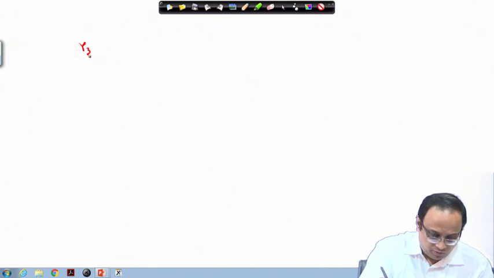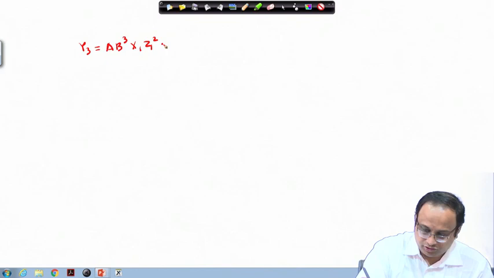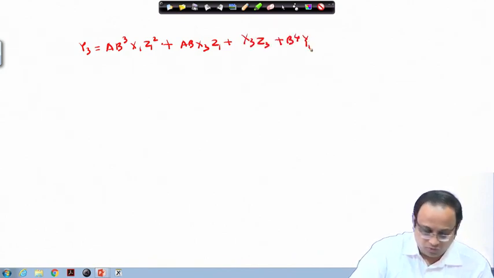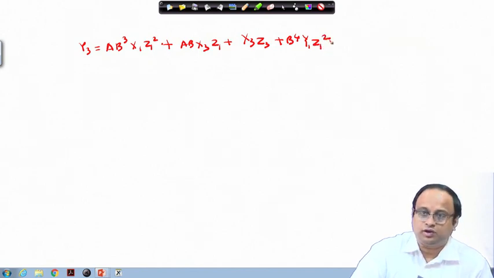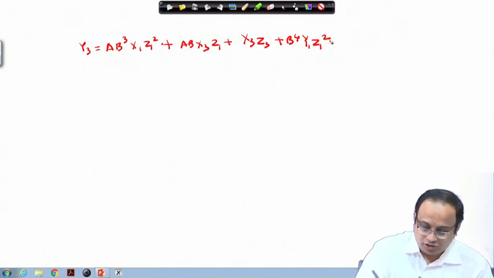So, we have got y3 is equal to a b cube x1 z1 square plus a b x3 z1 plus x3 z3 plus b to the power of 4 y1 z1 square. Okay. So, now we will make a few substitutions.